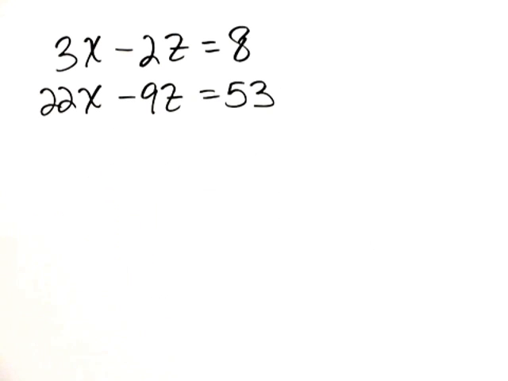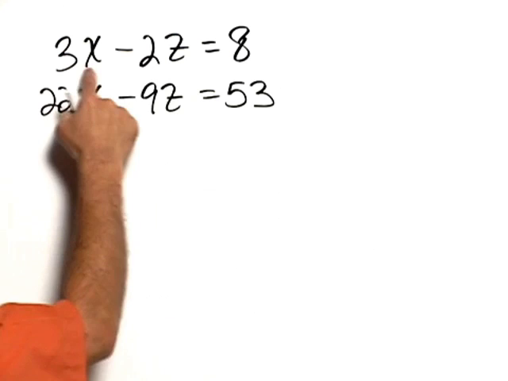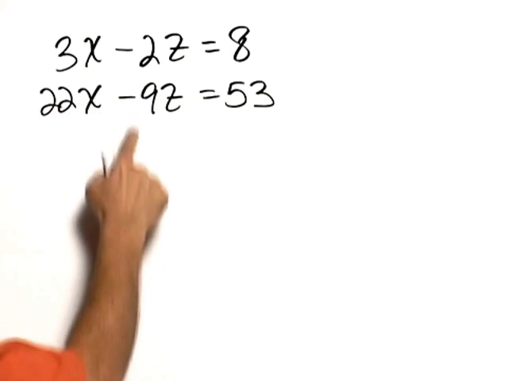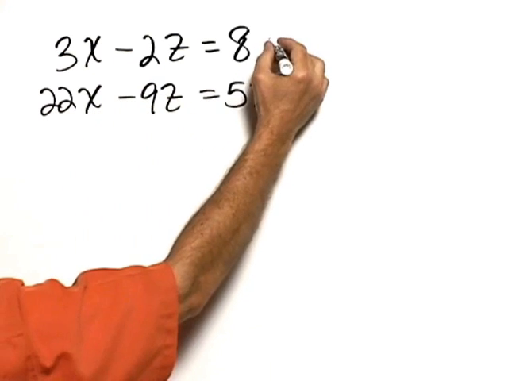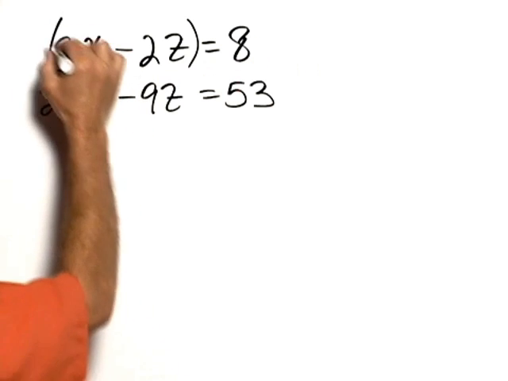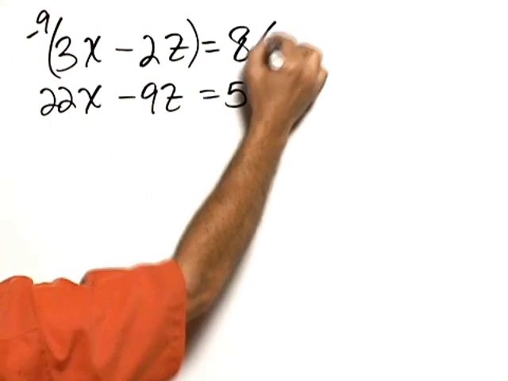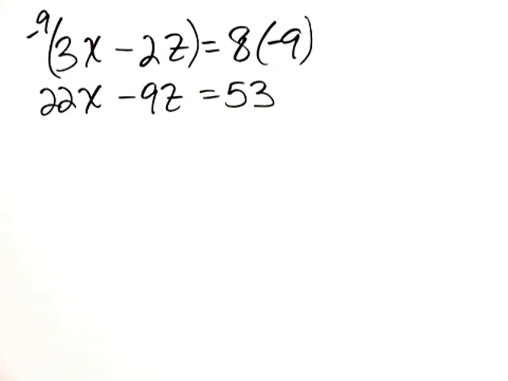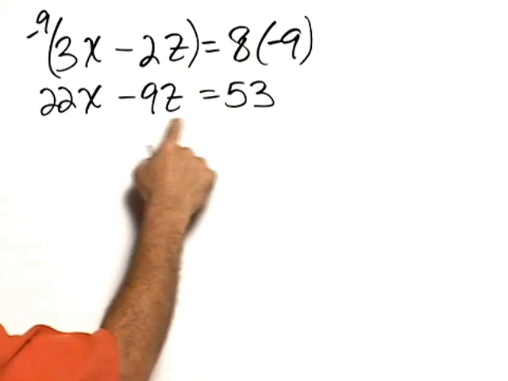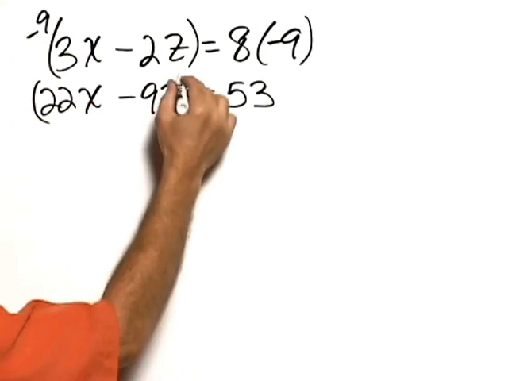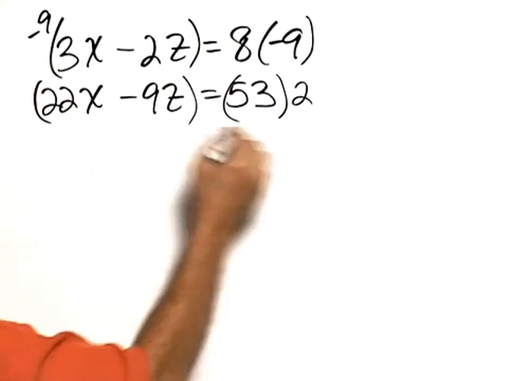We'll do that by multiplying this first equation by negative 9. The second equation, we'll have to multiply both sides by 2.